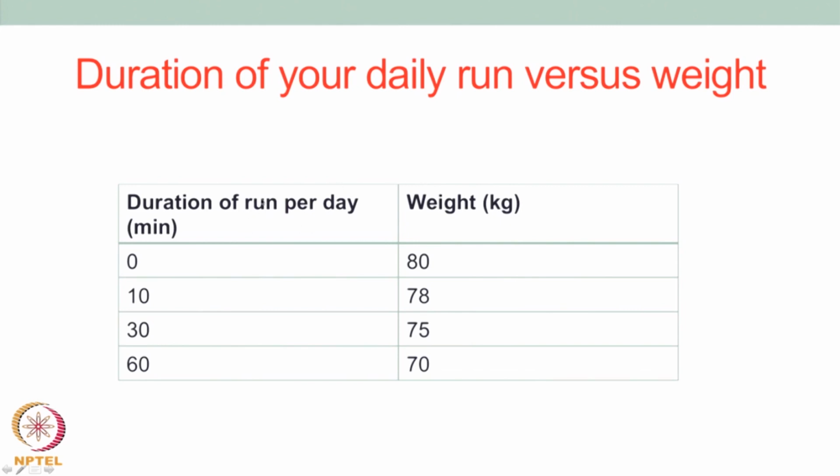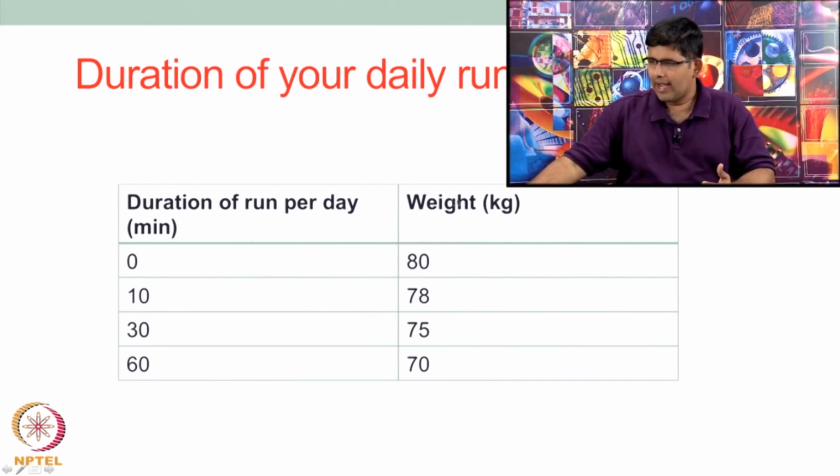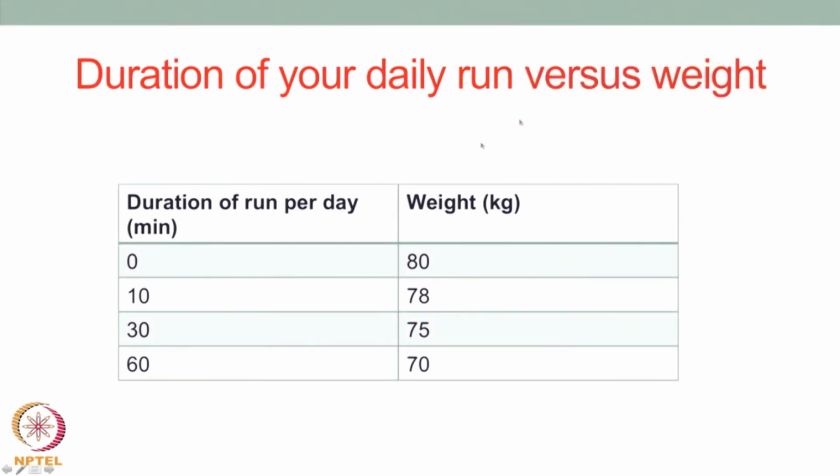Till now I have not been running. So, I am going to make a table between the duration of run per day, that is, how many minutes I will run every day typically, and the weight. What is my weight for that month? The average weight in that month, and how long I have been running.